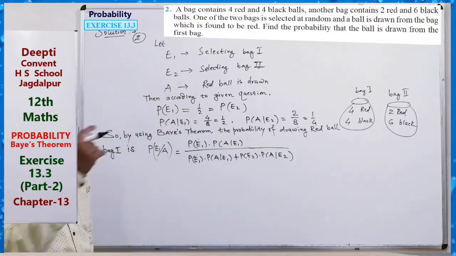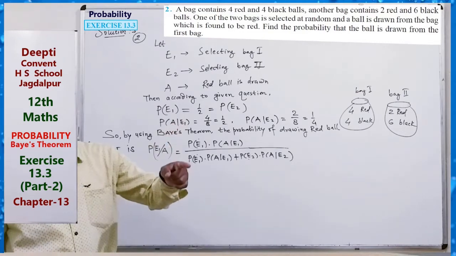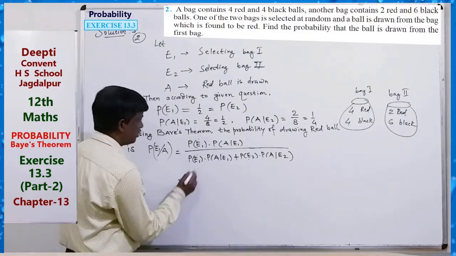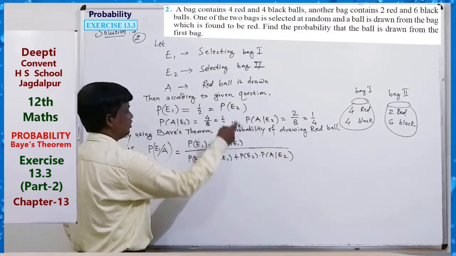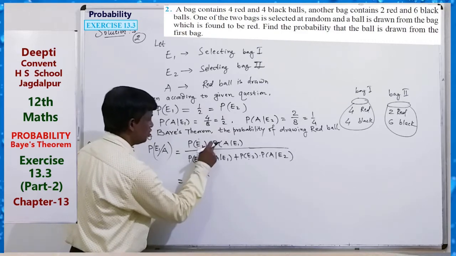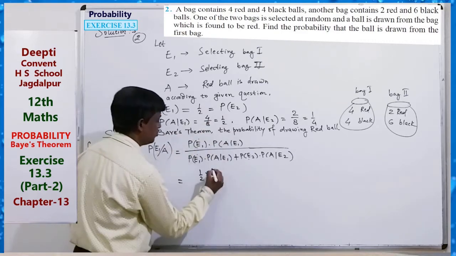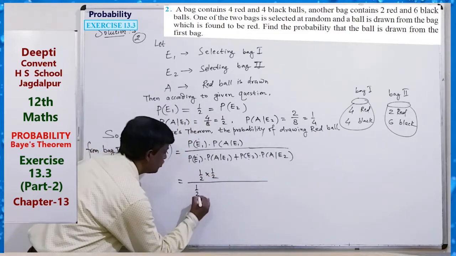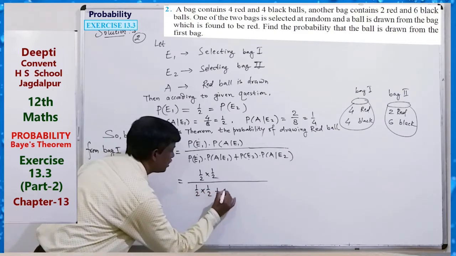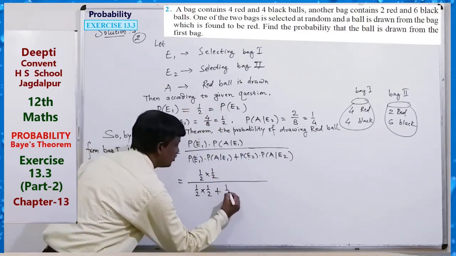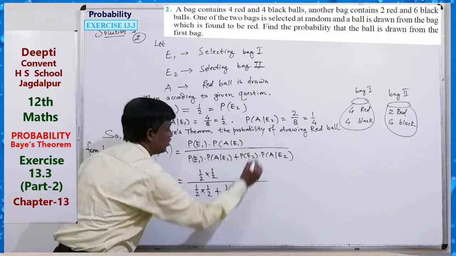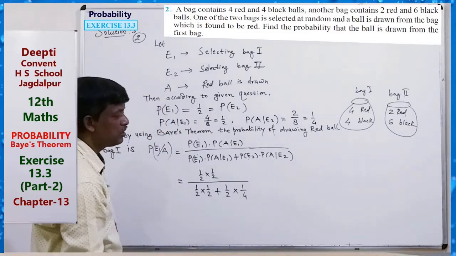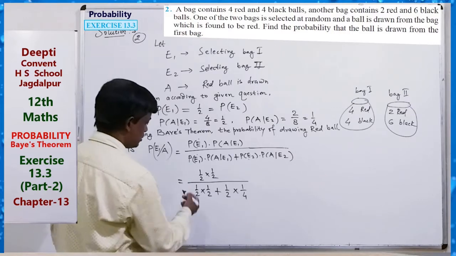You have to denote and set up the question. Substitute all the values from here: 1 by 2 into 1 by 2 upon 1 by 2 into 1 by 2 plus 1 by 2 into 1 by 4. You can solve it.